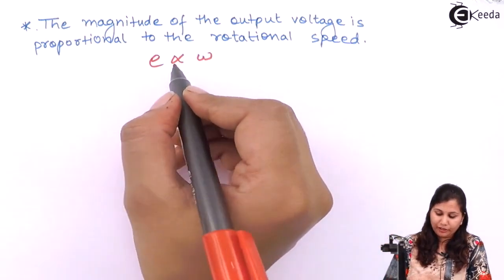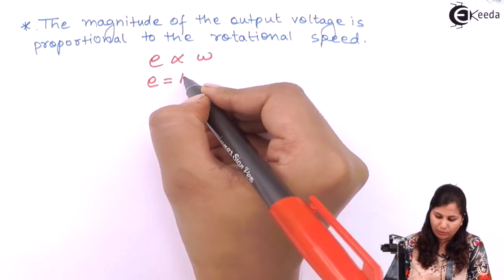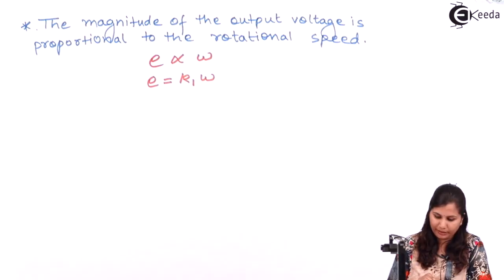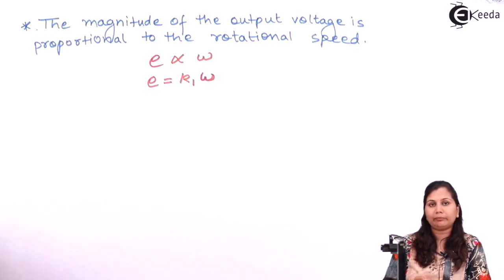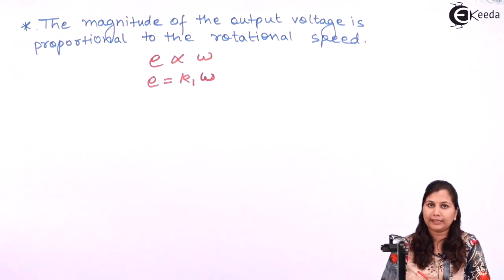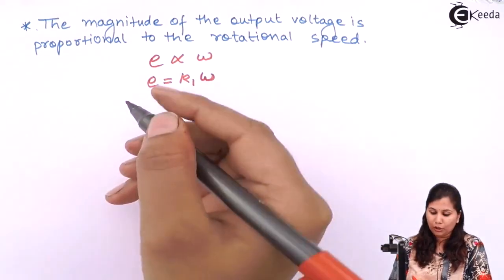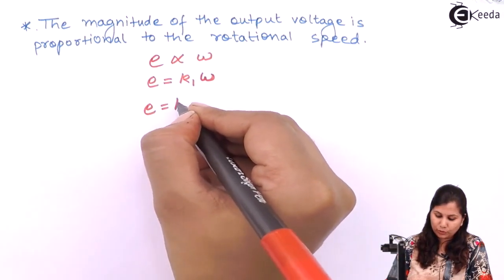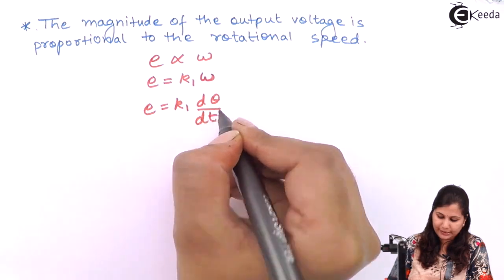Now if we remove this proportionality sign, then we will introduce a constant here, K1 omega, and we know that this rotational speed can be written as d theta by dt, that is the differentiation of the angular displacement. So E will be equal to K1 d theta by dt.